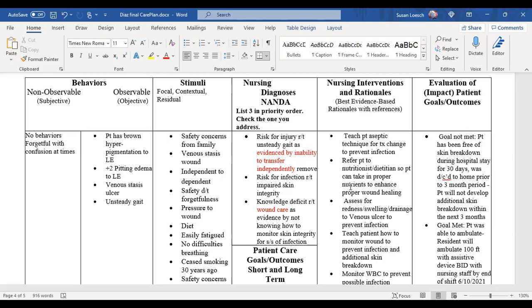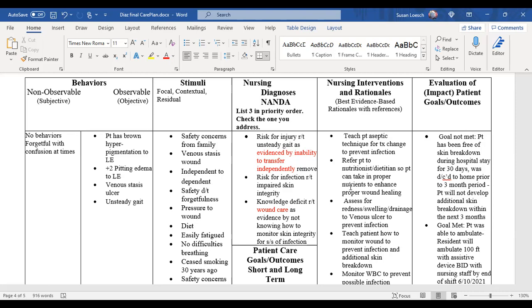So I would say patient will make appointment to meet with physical therapist within 1 week of discharge. So that's a clear, specific, measurable, long-term goal.